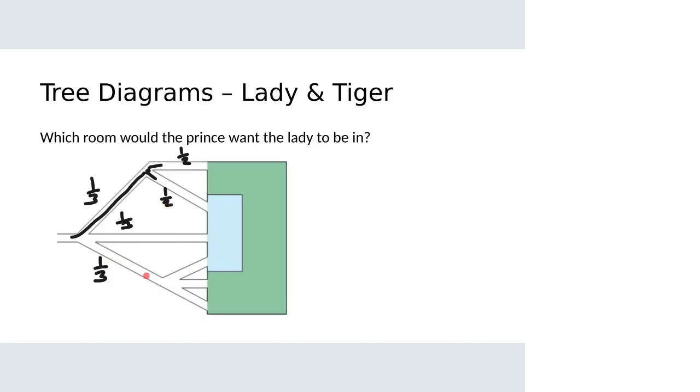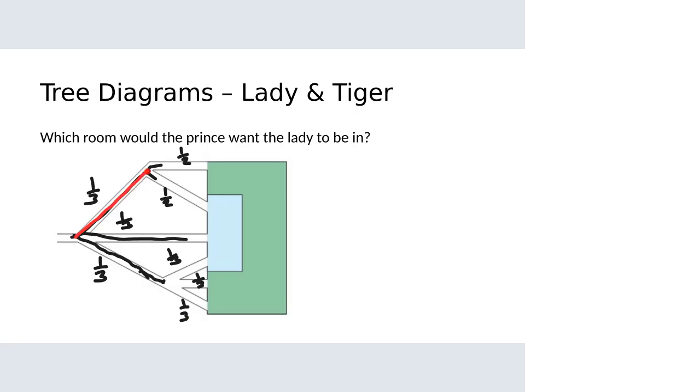And he could go straight ahead and that just takes him right in the blue room. He could go down here and then he has a decision to make. And it's 1/3 that he goes this way, 1/3 that he goes this way, and 1/3 that he goes this way. All right, so a little bit different than our standard tree diagram, but that is kind of what's going on here. And as we follow this through, we want to follow each path.